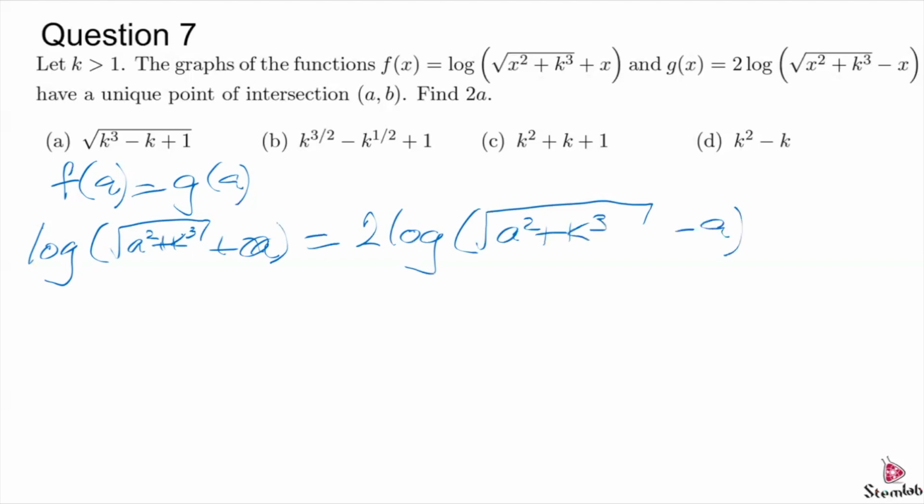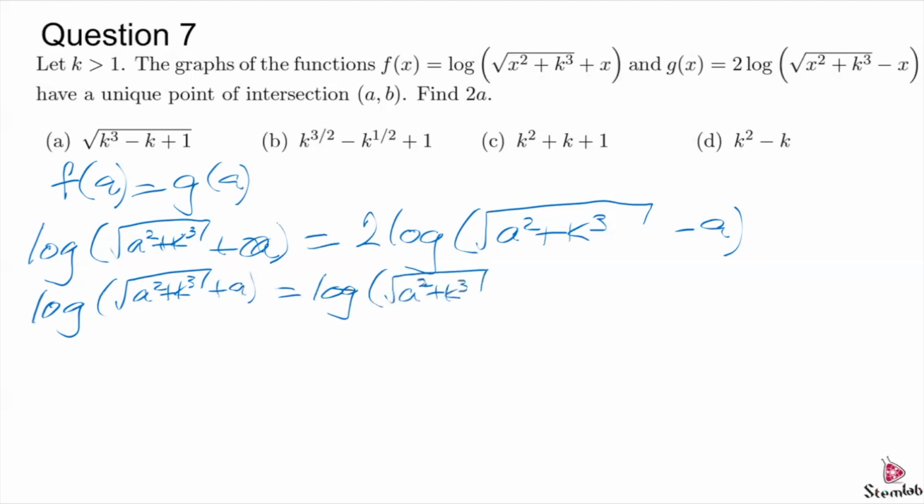Okay, rewriting a bit with the logarithmic identities, log of square root of a squared plus k cubed plus a is equal to log of the square root of a squared plus k cubed minus a, squared.